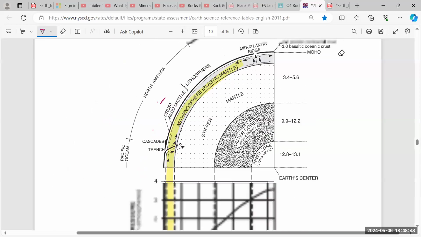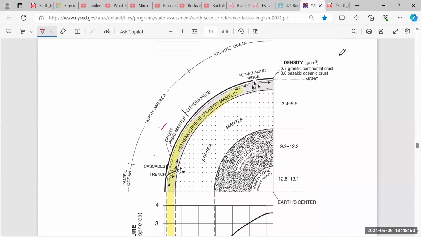Page 10. One thing that I find different is for each layer of the Earth's interior, I see a different density. And one of the things I'm also seeing is that the higher the density, the more towards the center the materials are going to be.